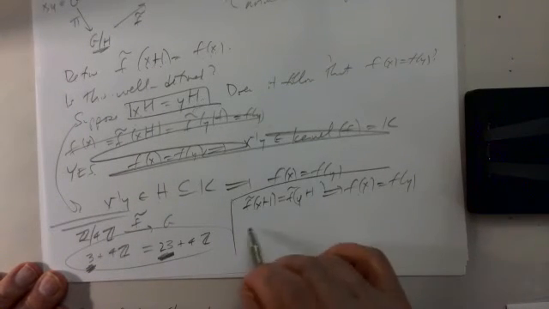So you take two cosets, xh and yh, and suppose f tilde of xh equals f tilde of yh. That means that f of x equals f of y, because f tilde of xh is f of x, and f tilde of yh is f of y. That means that x inverse y is in the kernel.